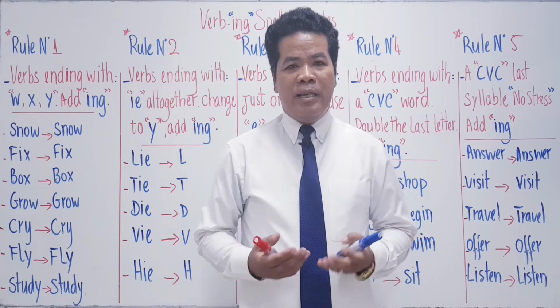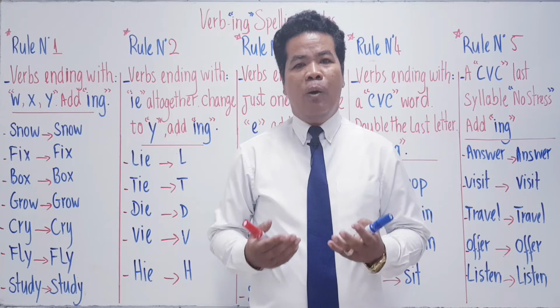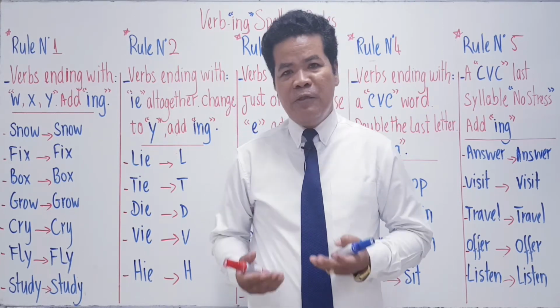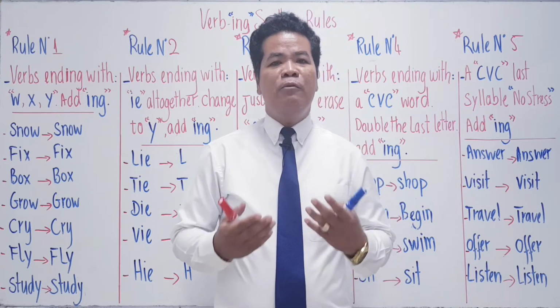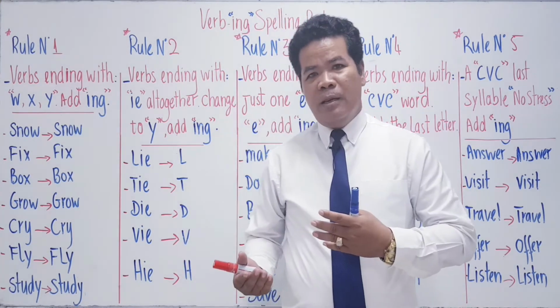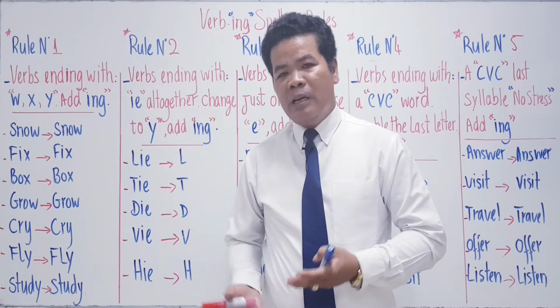For today's lesson, we still focus on the present continuous or present progressive. But you remember for the previous video, we studied the three forms of the present continuous, which are negative form, positive form, and question form.